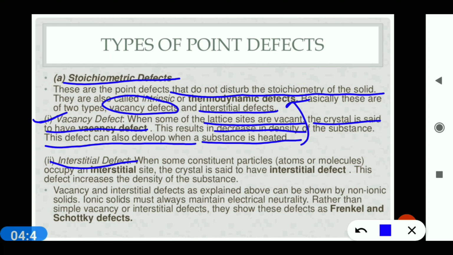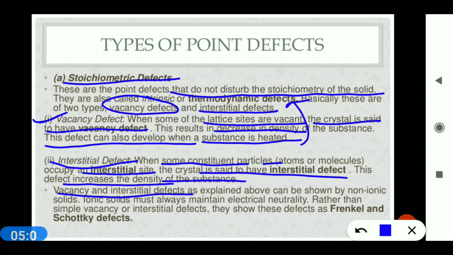When some of the constituent particles, say atoms or molecules, occupy the interstitial site, the crystal is said to have the interstitial defect. And this defect increases the density, or sometimes the density remains the same.